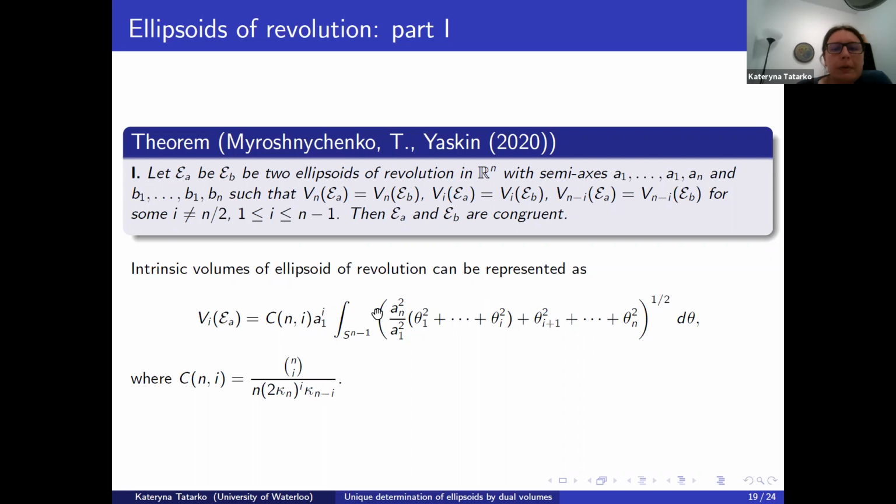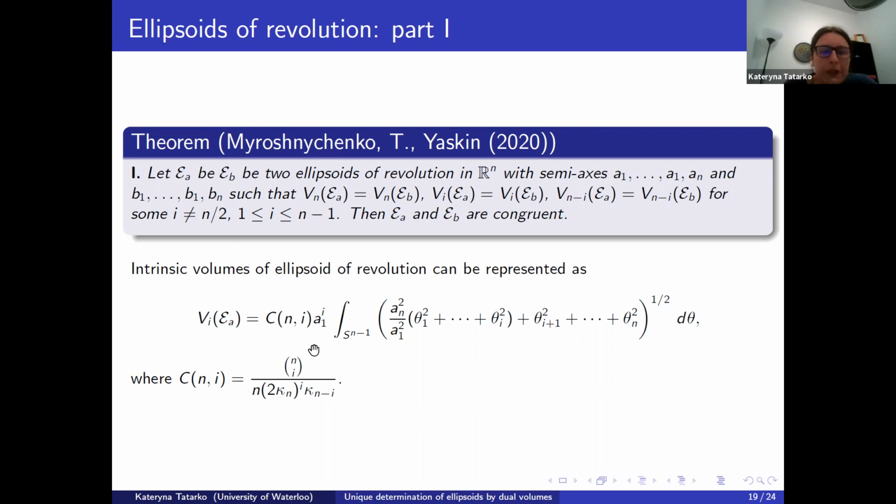So in order to prove the result for ellipsoids of revolution, we make use of a nice formula which can be obtained for intrinsic volumes of ellipsoids of revolution in any dimension Rn. Indeed, in the case of ellipsoids of revolution, intrinsic volumes can be represented as this integral over the sphere, which depends on the two distinct semi-axes, which I call here A1 and AN.